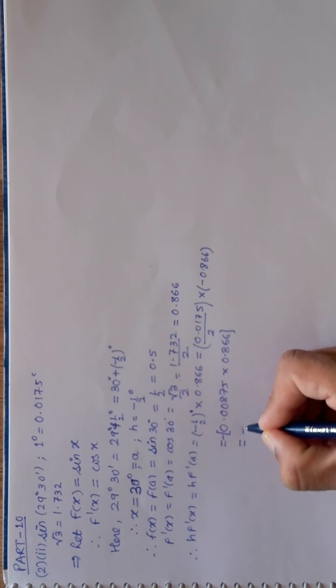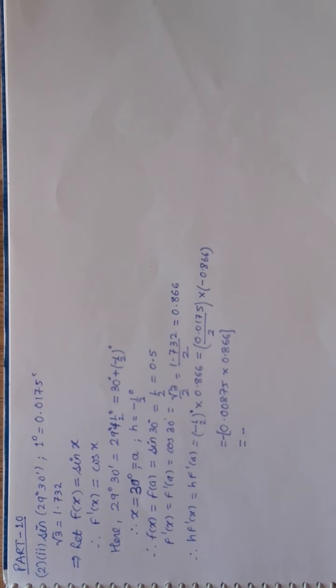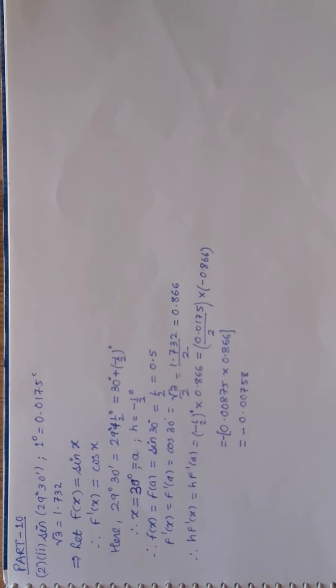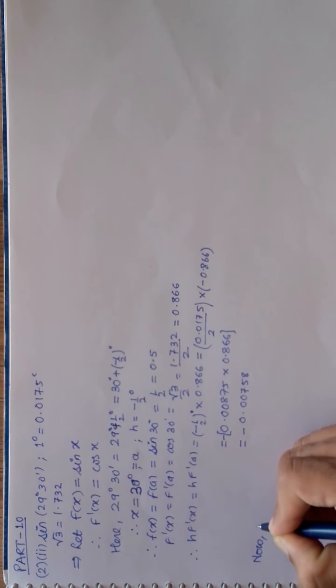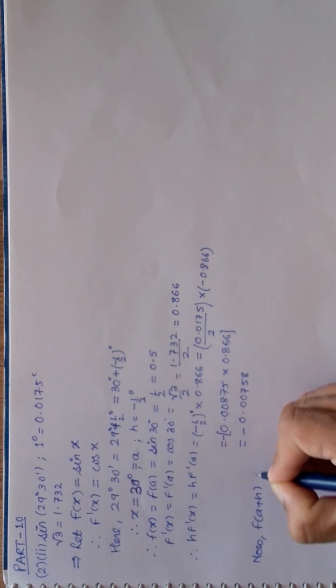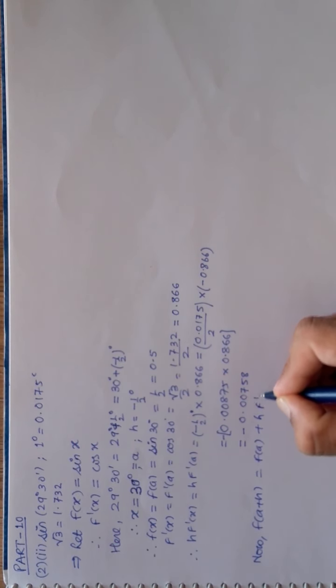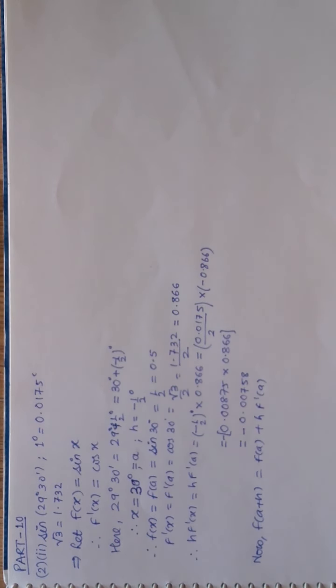So, actually you will be doing using logbook. But since I don't have logbook, so I will be using calculator. It gives me 0.00758 and minus sign to it. Now, I know the formula which I will be writing now. That is, approximation is now function of a plus h is equal to function of a plus h into derivative of a. Now, function of a plus h is already known to you, a being 30 and h is minus half.